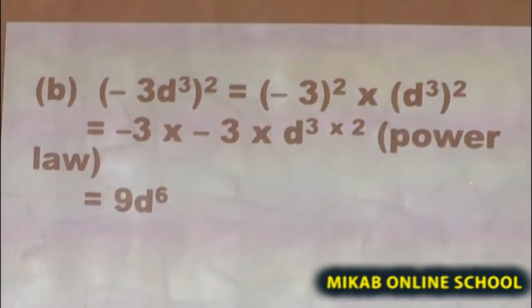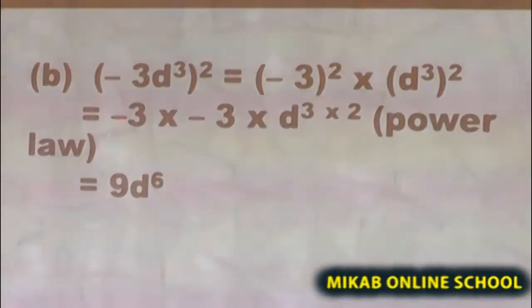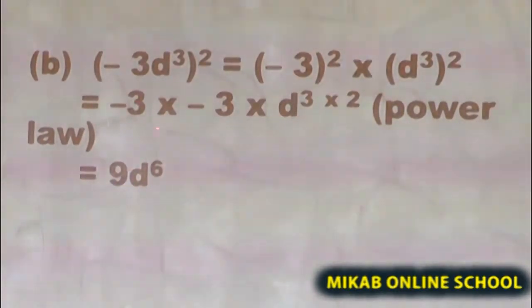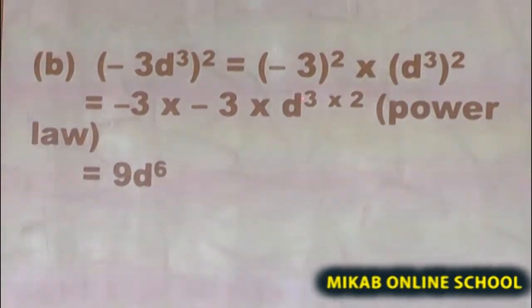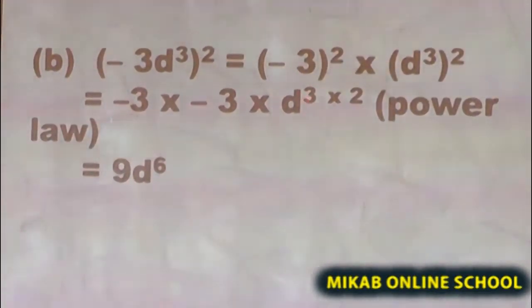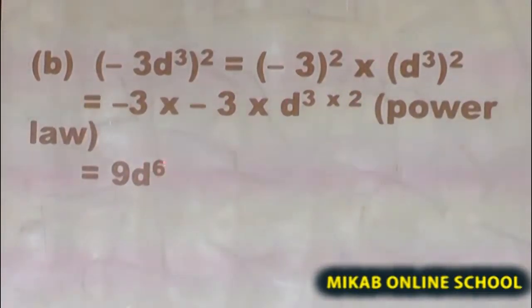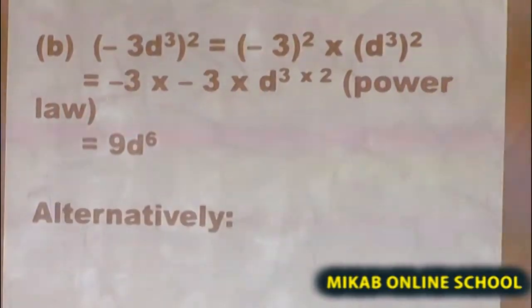That is our power law. By the time you multiply these together, this minus will strike this minus, and 3 times 3 will give us 9. And by the time you multiply 3 by 2, you arrive at 6. Therefore, the result of this is going to be 9 d raised to the power of 6.